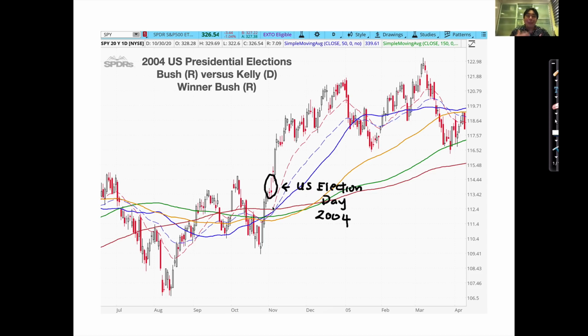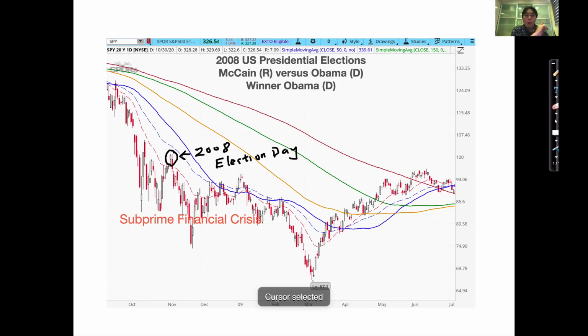Okay, so like I said, the market just follows the preceding trend, regardless of who wins. Okay, now 4 years later, 2008. This time it was John McCain versus Barack Obama. So Republican versus Democrat, and of course Obama won.